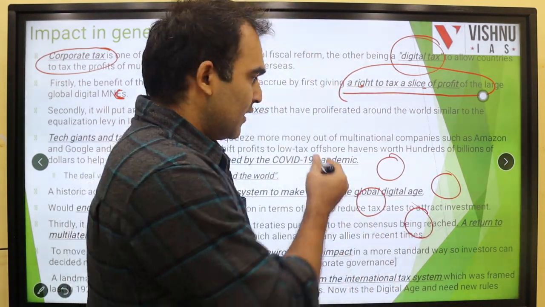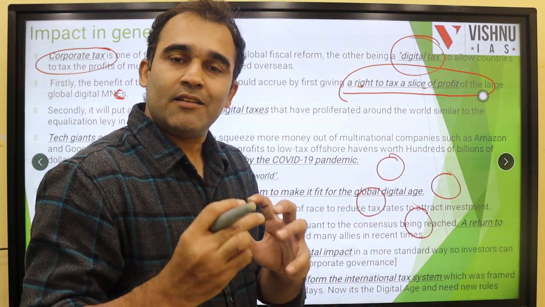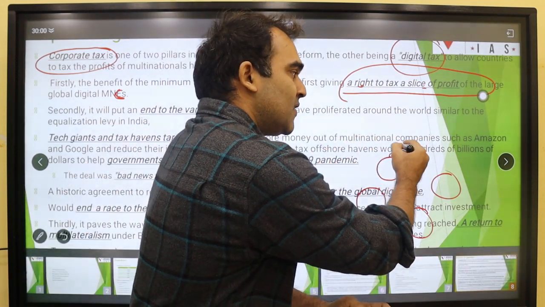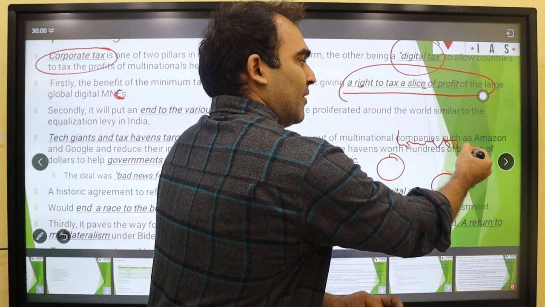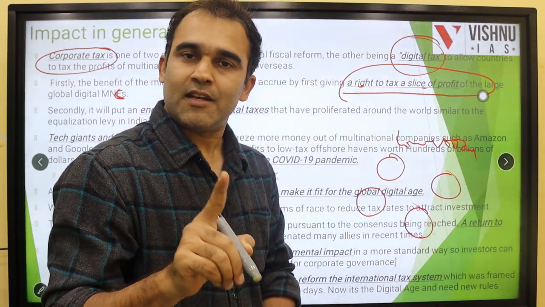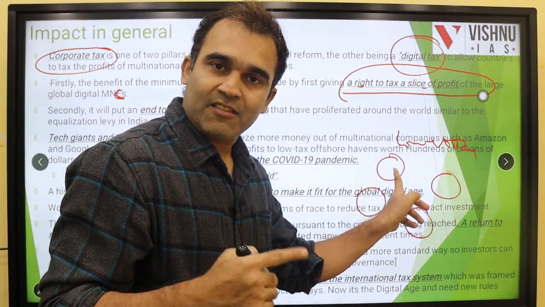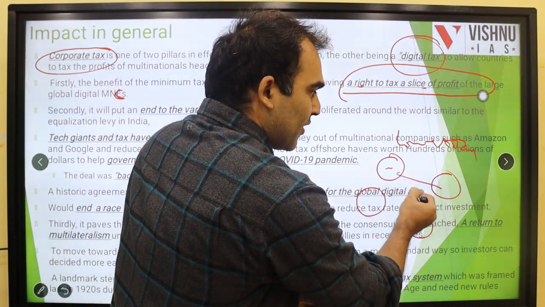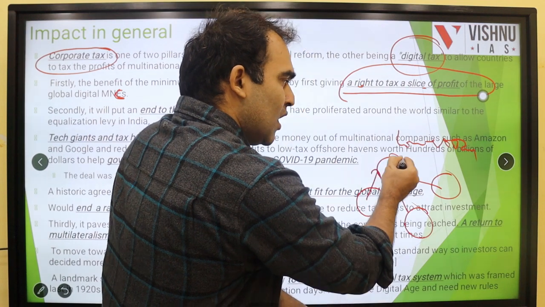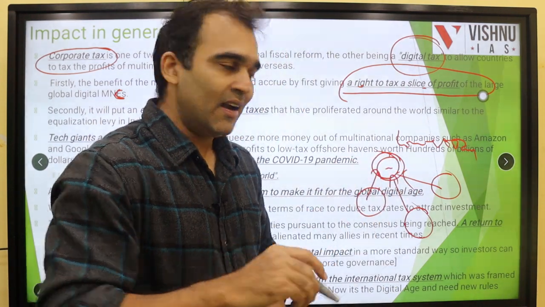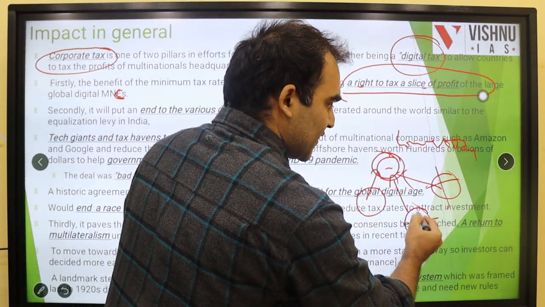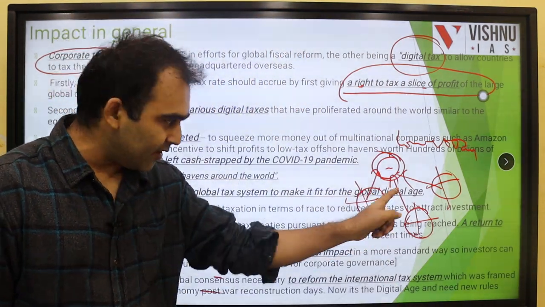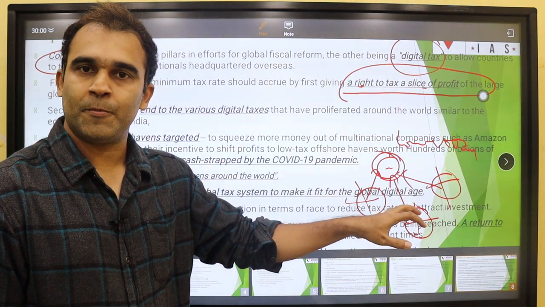These MNCs used to register their headquarters in the country which has the lowest tax rate. They register their headquarters in the lowest tax jurisdiction and transfer all the profits from other high tax jurisdictions to this low tax jurisdiction, and they are not paying any tax to these countries. That's the problem. This is the crux of the issue.